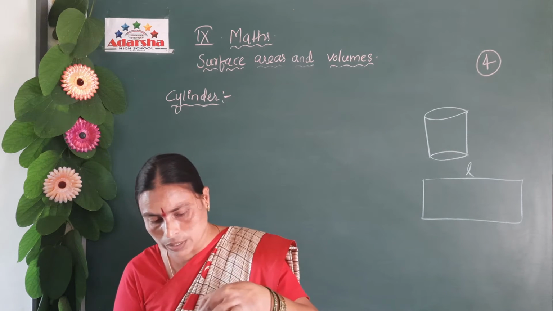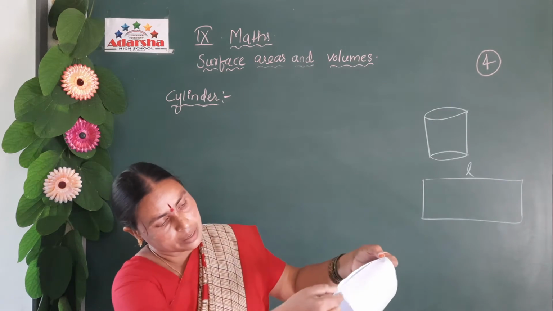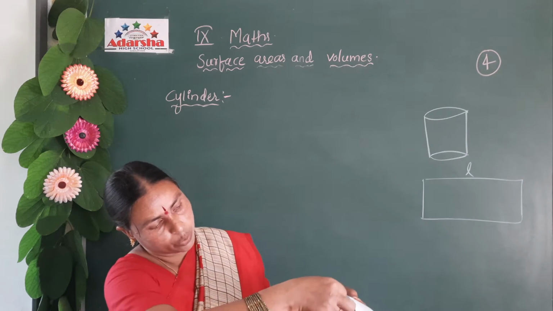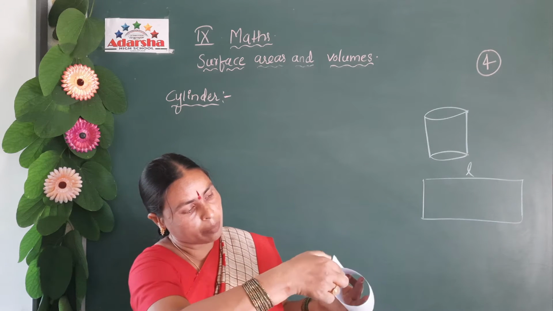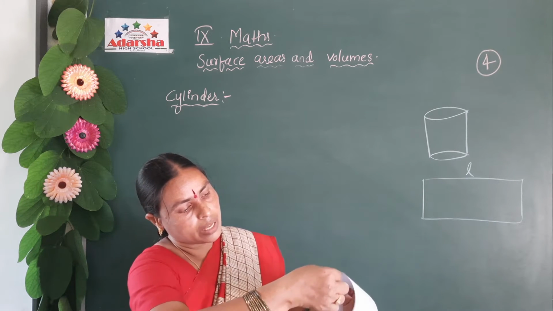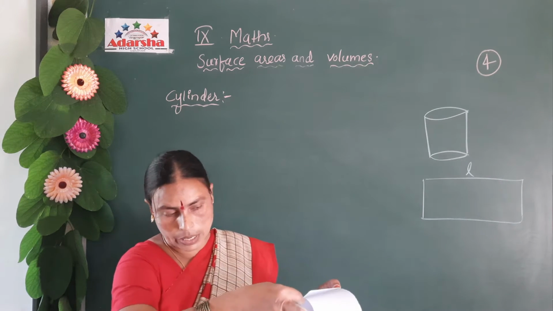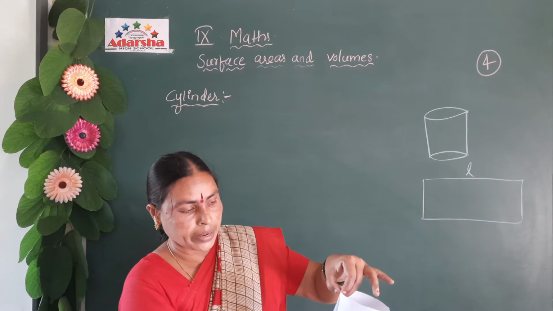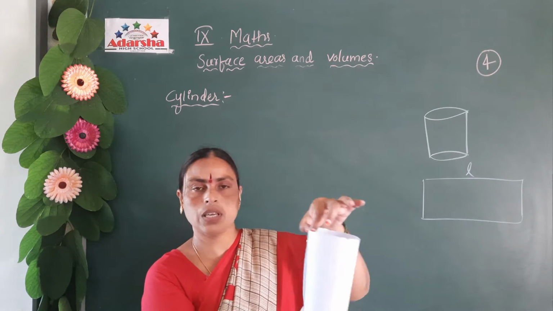What is the face of the cylinder here? Circular in shape. Two faces are circular in shape. So the length of the rectangle becomes the circumference of the circle. Length equals the circumference of the circle, and the breadth becomes the height of the cylinder.